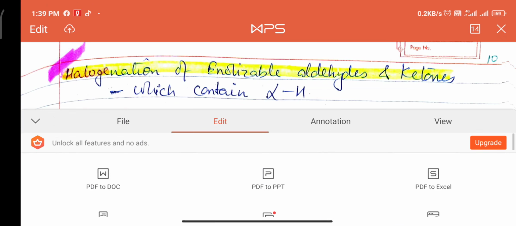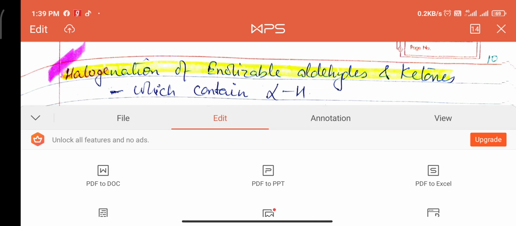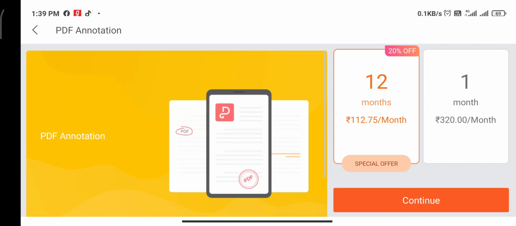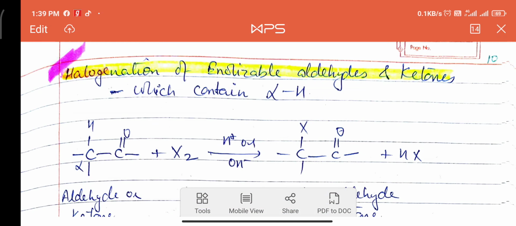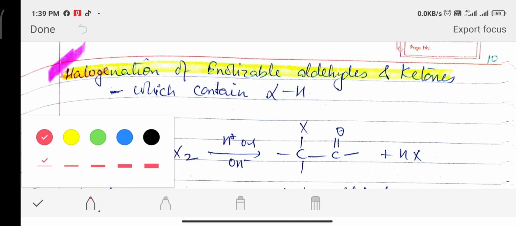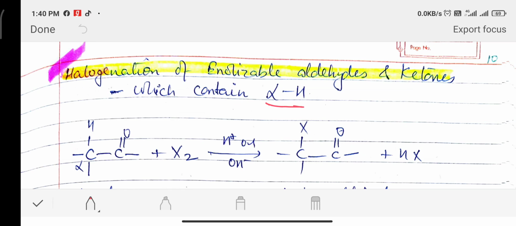Aldehydes and ketones which have an alpha hydrogen atom can enolize, that is, aldehydes and ketones with alpha hydrogen atoms are able to form enols.